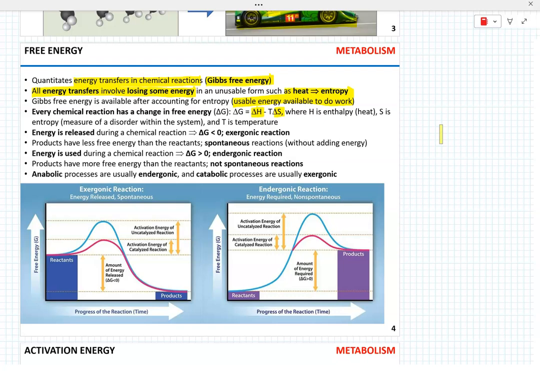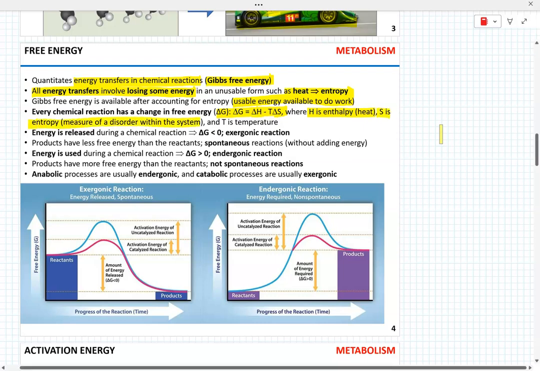In this equation that characterizes the change of Gibbs free energy during the reaction, H is enthalpy or heat, change in the heat during the chemical reaction. S is entropy, which is a measure of a disorder within the system, and T is the temperature at which this reaction occurs.